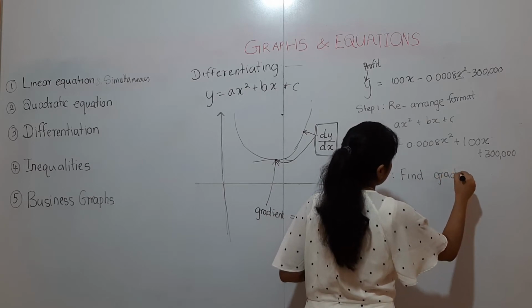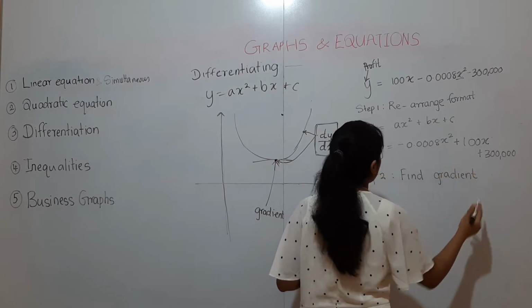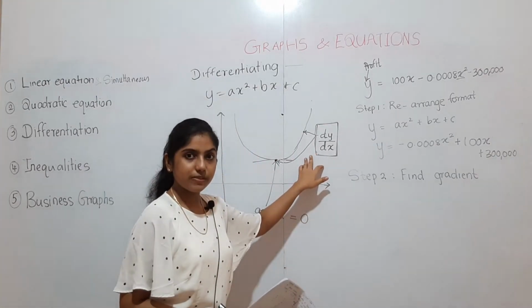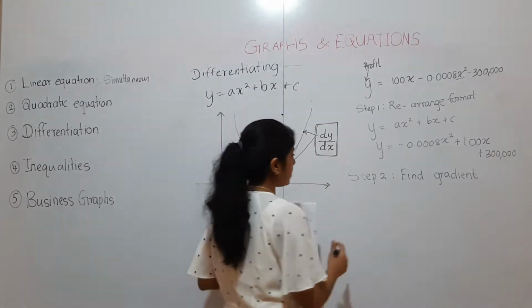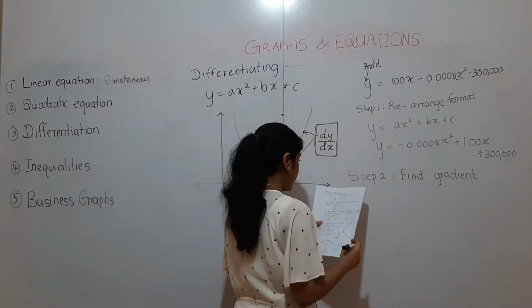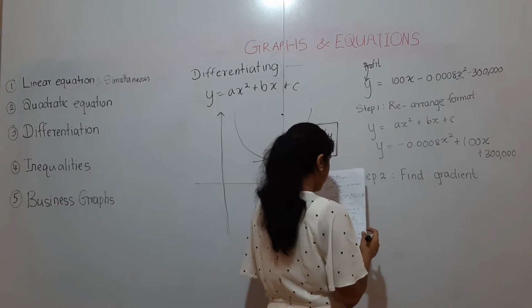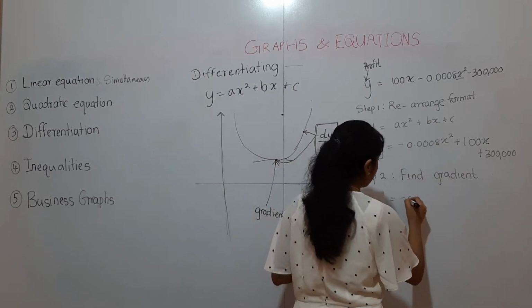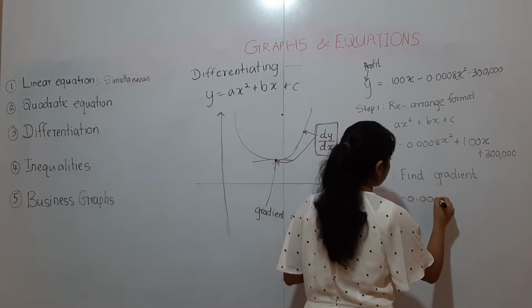I told you parabola gradients are obtained by differentiating the equation. How to differentiate the equation? There are steps. First step is multiply the powers. That means in this section, okay? So you have this now.